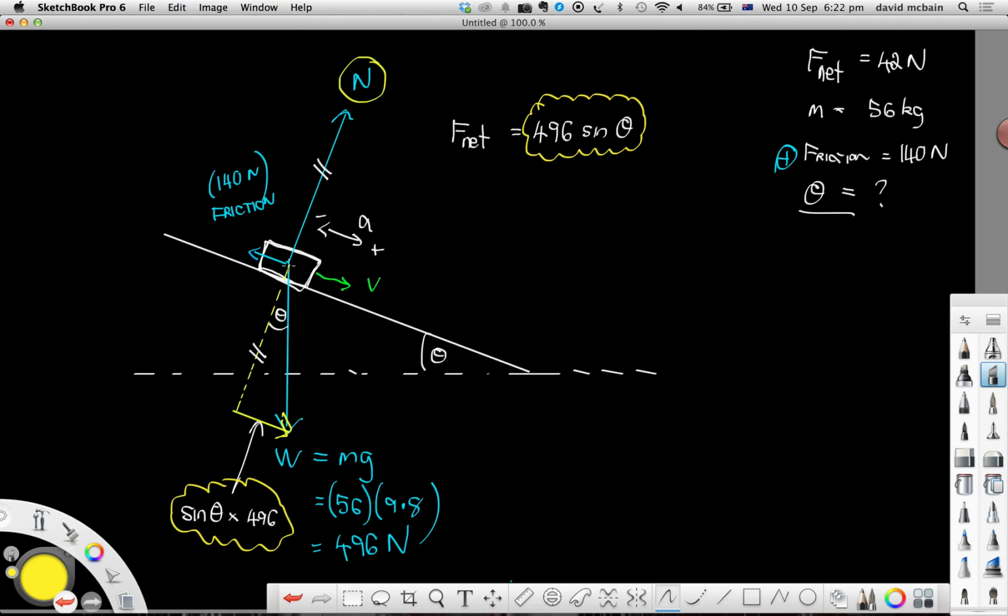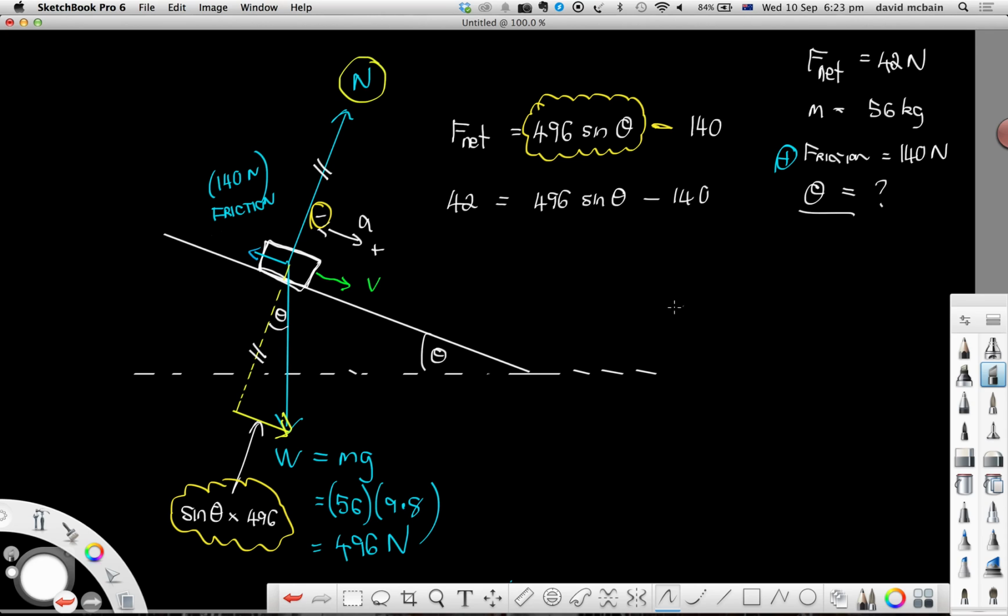But the friction force is a negative force, and so it's going to be minus 140. Those two forces must add together to make F net. Now we know that F net is 42 newtons. So we know that 42 equals 496 times the sine of theta minus 140.